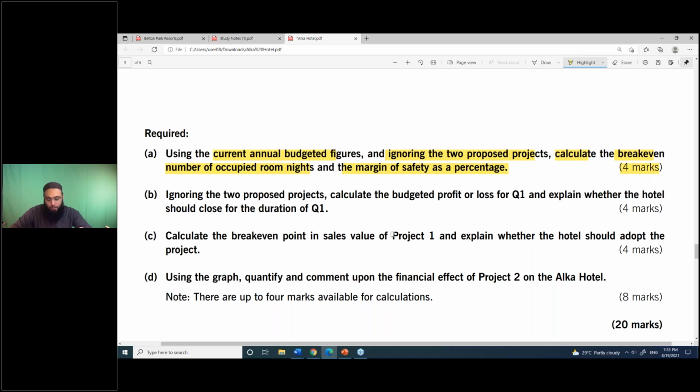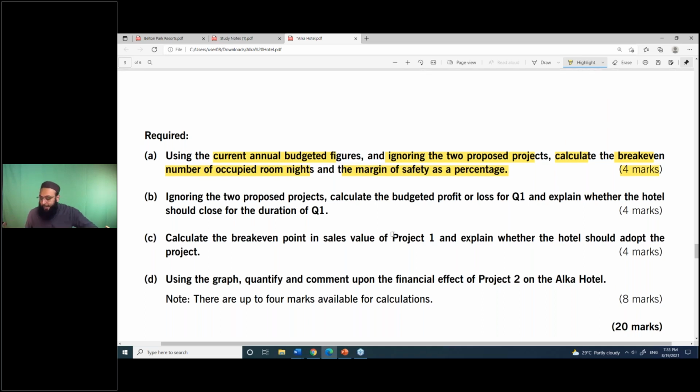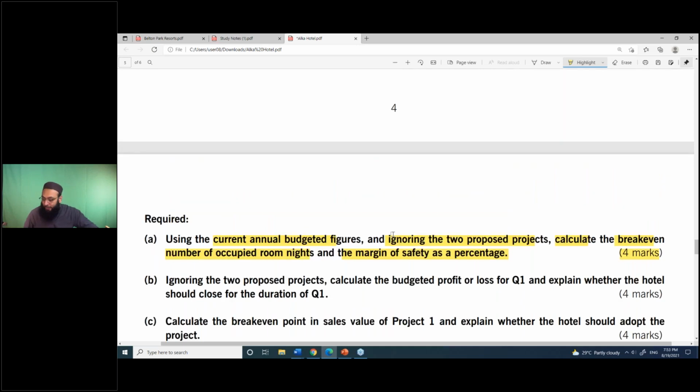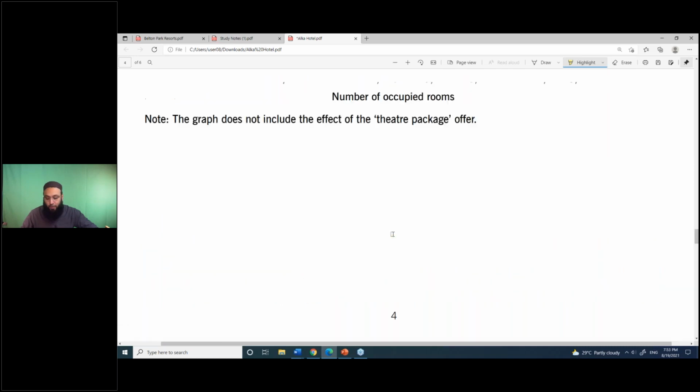So I'll ignore the two projects here and do the calculations. It's not very difficult, to be honest. It's straightforward. You just have to keep the basics in your mind, and you can easily perform the calculations.